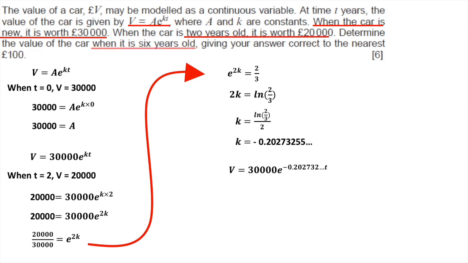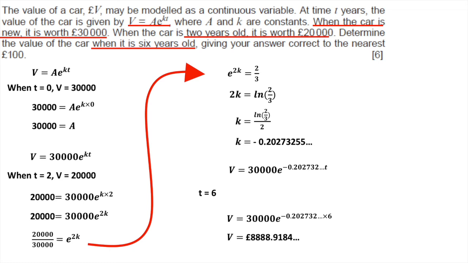Going back to the question, it said determine the value of the car when it is 6 years old. So we need to substitute t to be 6. If I substitute 6 into the formula, we are left with 30,000 times e to the power of minus 0.202732 times 6, and typing that in your calculator should give you 8,888.9184.